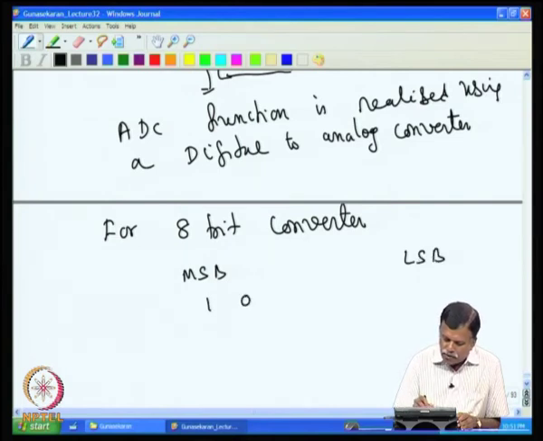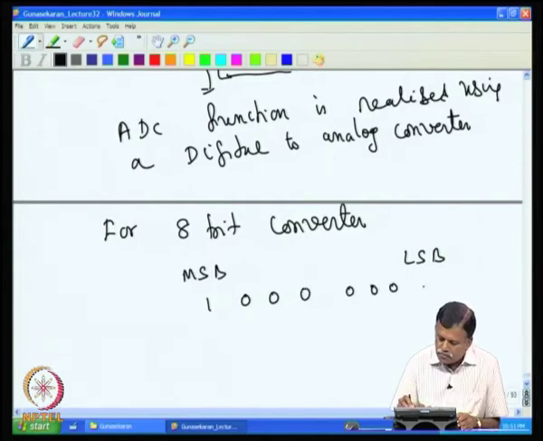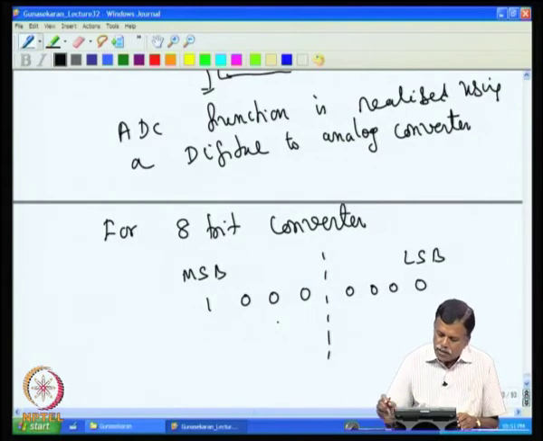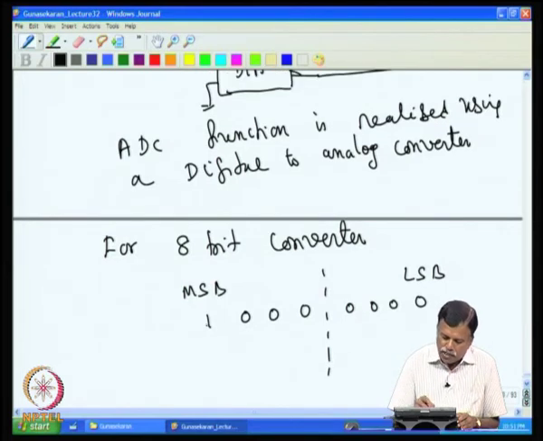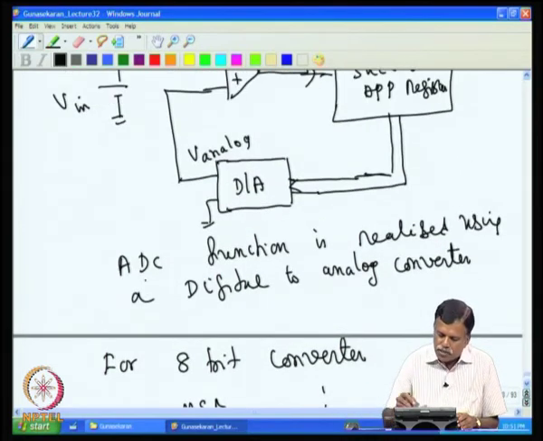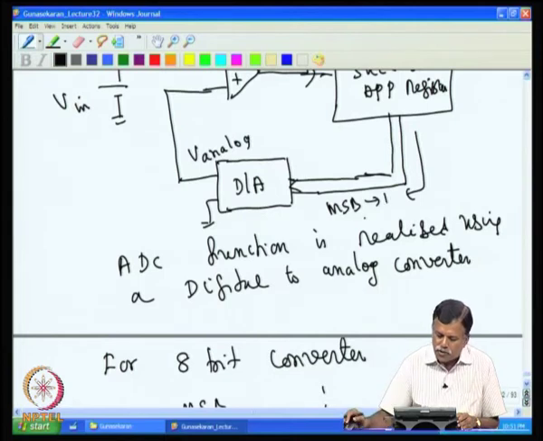In this case, I take this as the lower 4 bits and this as the higher 4 bits. Now, what you do is you keep the MSB alone high, that is, to the digital-to-analog converter I apply the MSB alone kept high, MSB is 1 and all the other bits are 0.